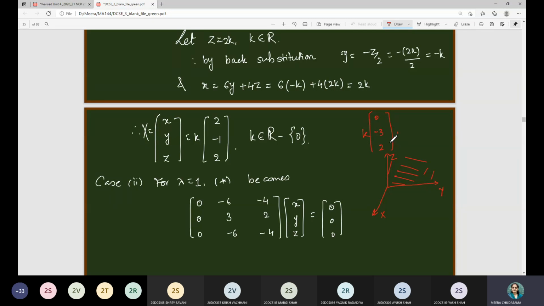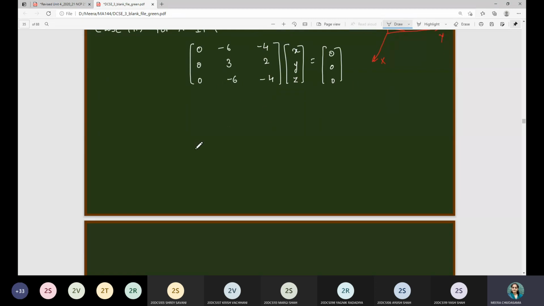Okay, let me consider the augmented matrix of it and the row echelon form of this matrix. Actually, I am simplifying this system. So it is minus 6y minus 4z is equal to 0, 3y plus 2z is equal to 0, and minus 6y minus 4z is equal to 0.